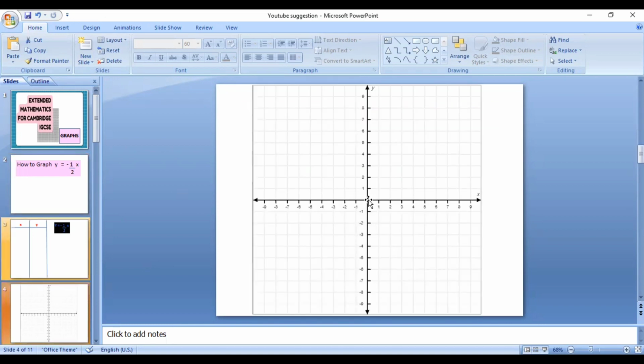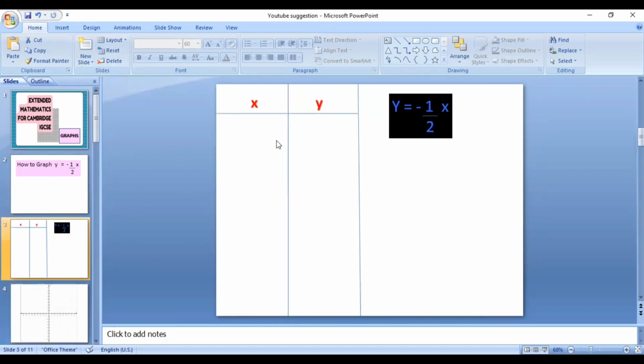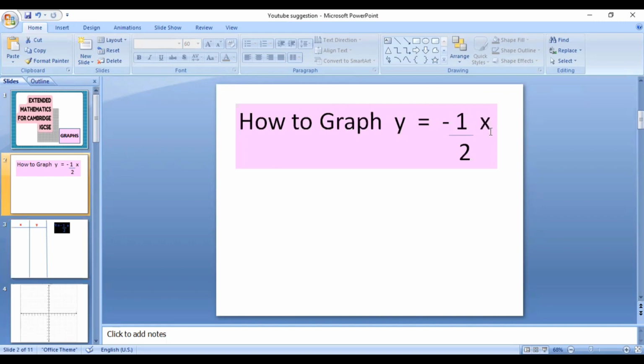That is the first point we know from the equation, because our slope intercept equation is y equals mx plus c.